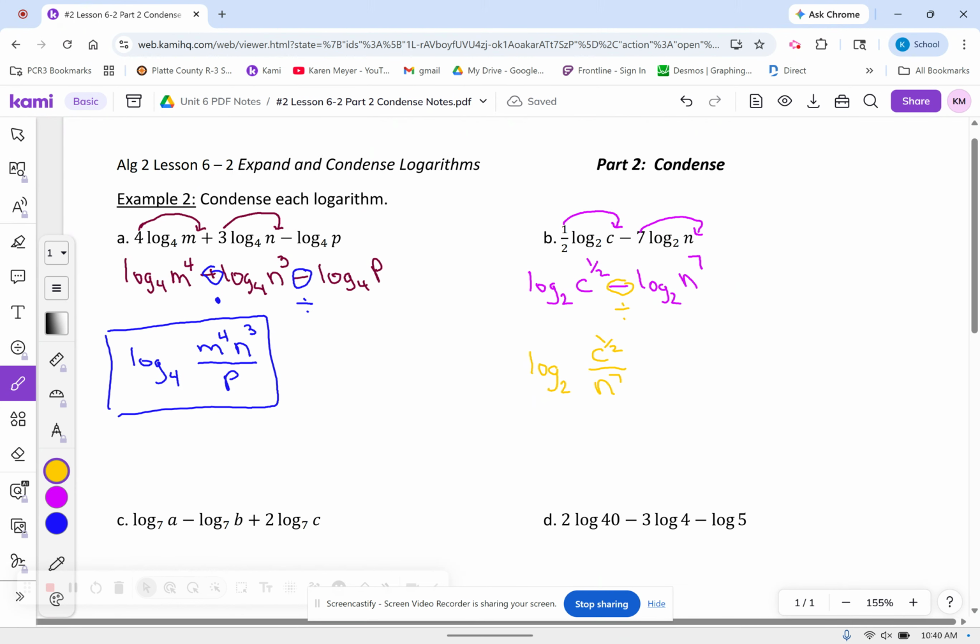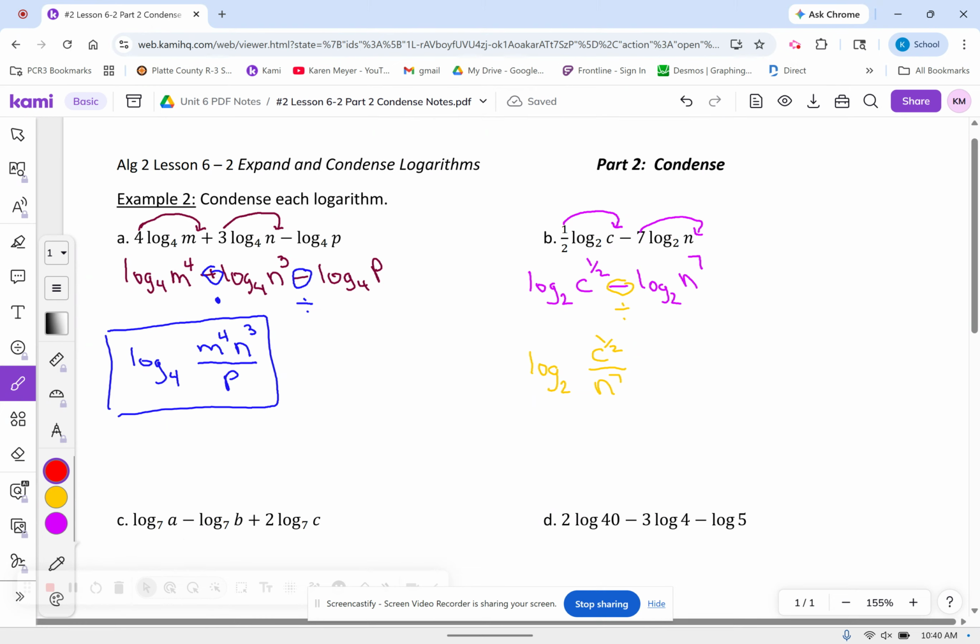Now here, don't stop on this problem because this problem is a little bit unique. So off to the side here, we're going to make a little statement. If you can remember, with expanding, we were saying, oh, no roots allowed.